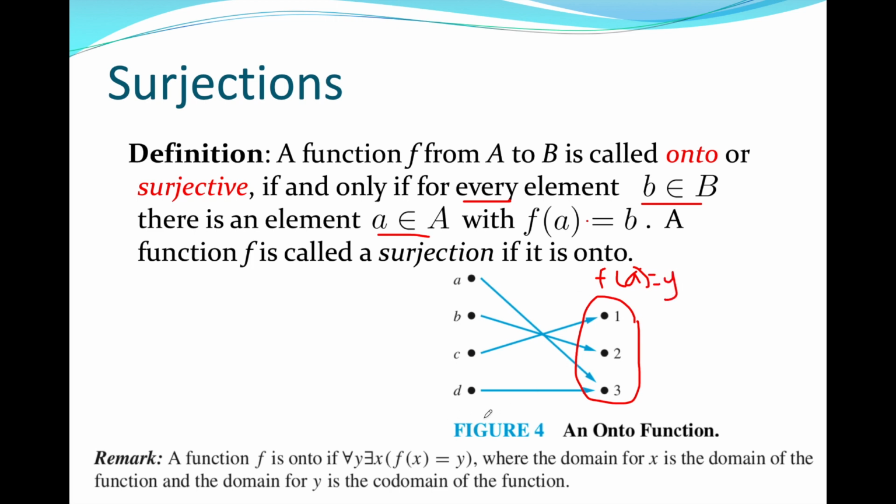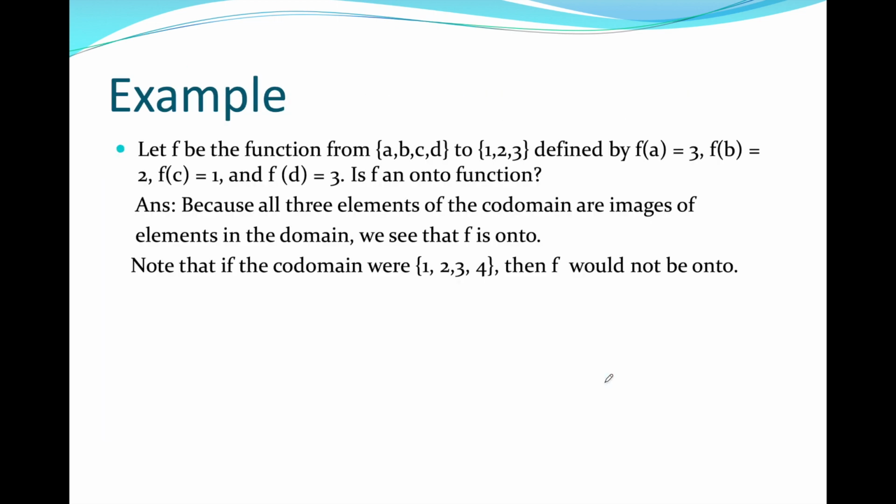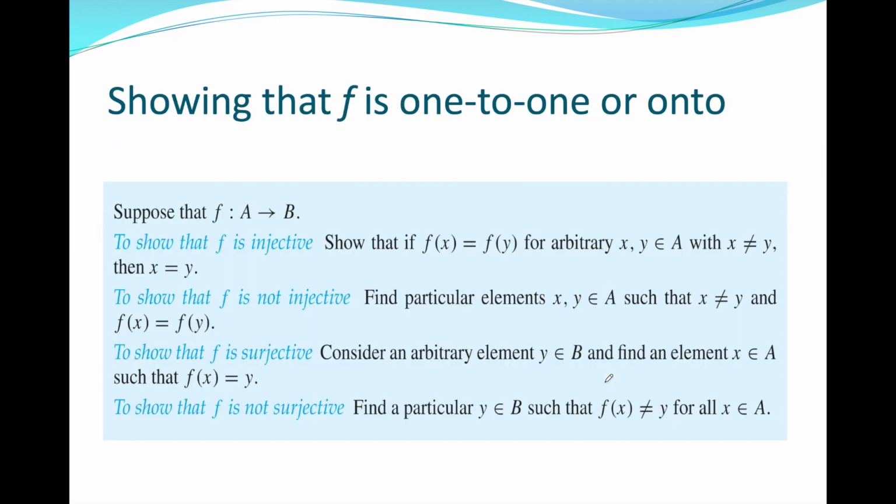For all y, there exists an x such that f(x) equals y, where the domain for x is the domain of the function and the domain for y is the codomain of the function. So this is the way to show that f is one-to-one or onto.